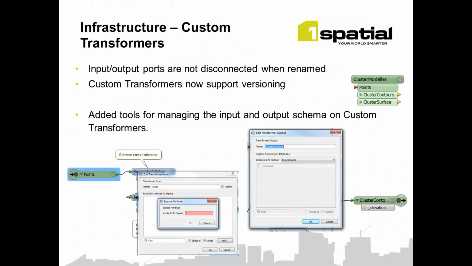If you were to download it, I would say that one of the biggest changes that's happened around custom transformers is that you can now manage the attributes that are exposed to the insides of that custom transformer and what leave that transformer, using a right-click on the input and a right-click on the output to pop up these dialogues and manage what attributes are there.